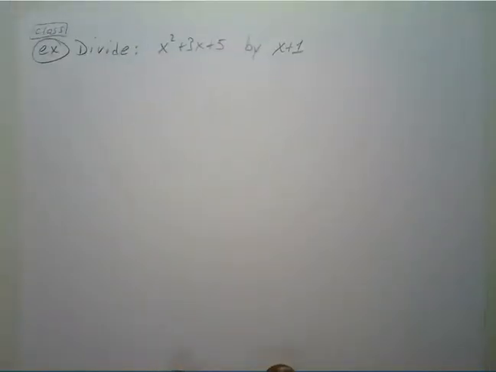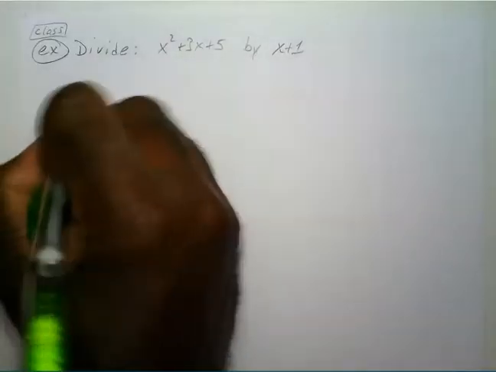All right. So what if you wanted to divide x squared plus 3x plus 5 by x plus 1? All right. So I want you to go ahead and press pause and try this one on your own. All right, so I'm assuming you've pressed pause.